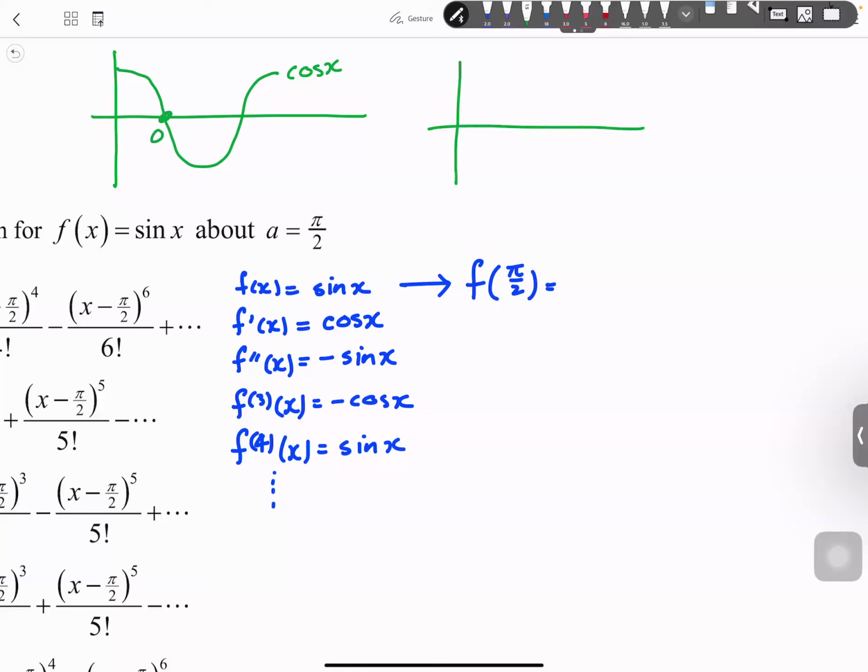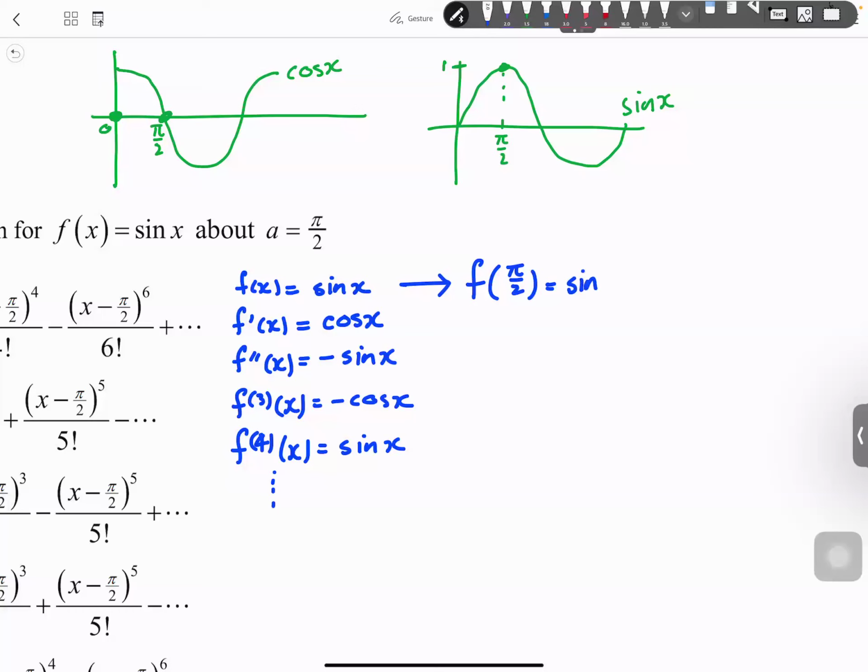And sine of x looks like this. This is sine of x. So at pi halves, it is equal to 1. Maybe this is confusing, maybe I should write here. This is pi halves, and it has a function value of 0, right? All right.